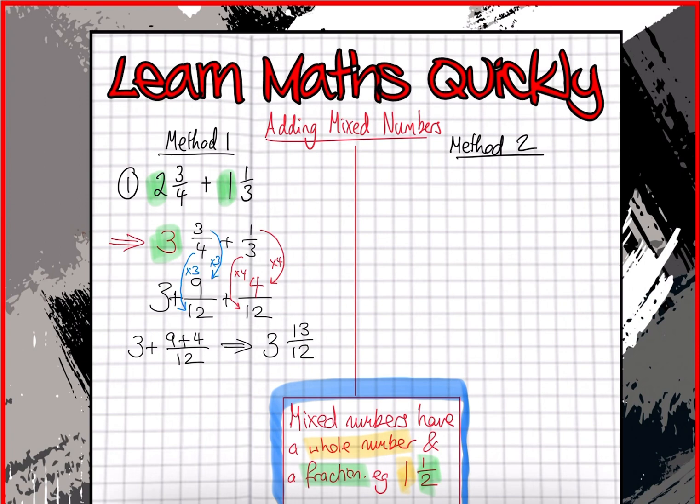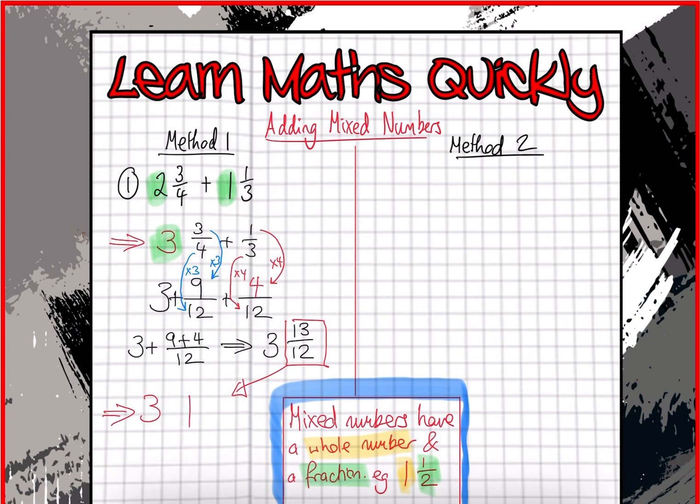But that looks really awkward. You can't have a whole number, the 3, and then an improper fraction, which is the 13/12. So we need to rethink this bit. I'm going to keep our 3 as being the same, but then our 13/12, we need to turn that into a mixed number. So that's asking how many 12s go into 13.